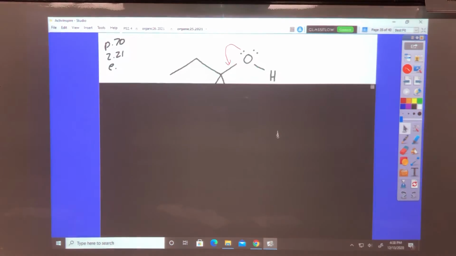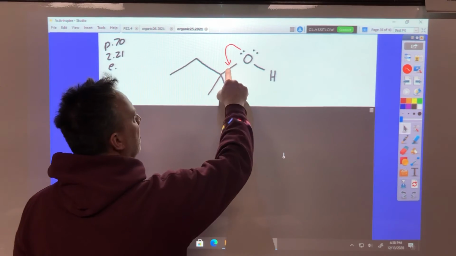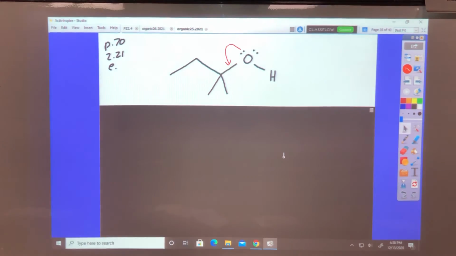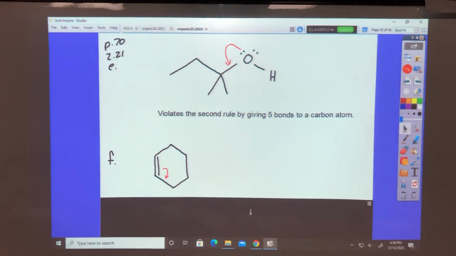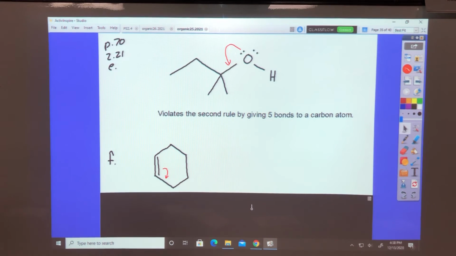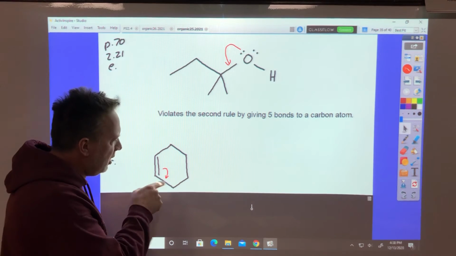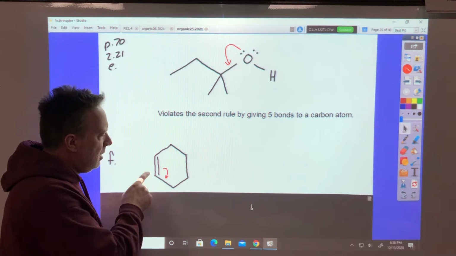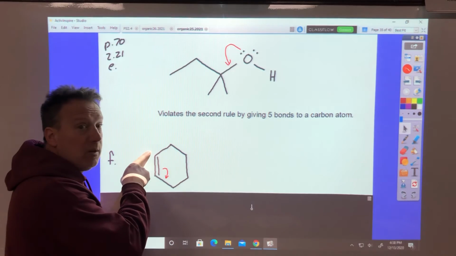Okay, what about this one? Well, I already have 4 bonds on this carbon. If I move that electron pair down there, I'd be trying to put 5 in, and you can't do that. Okay, so if I move this bond to here, now that looks appealing because you look at this and say, well, these are all the same. But that's not the case, because I have 1, 2, 3 bonds here and a hydrogen there as my 4th one.